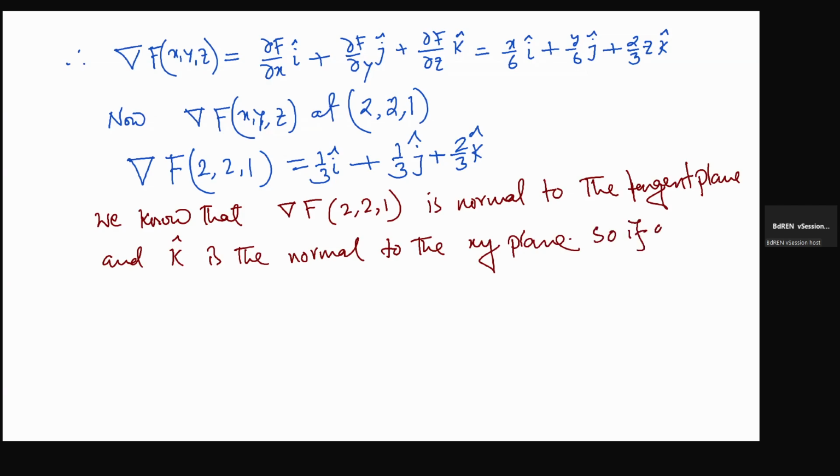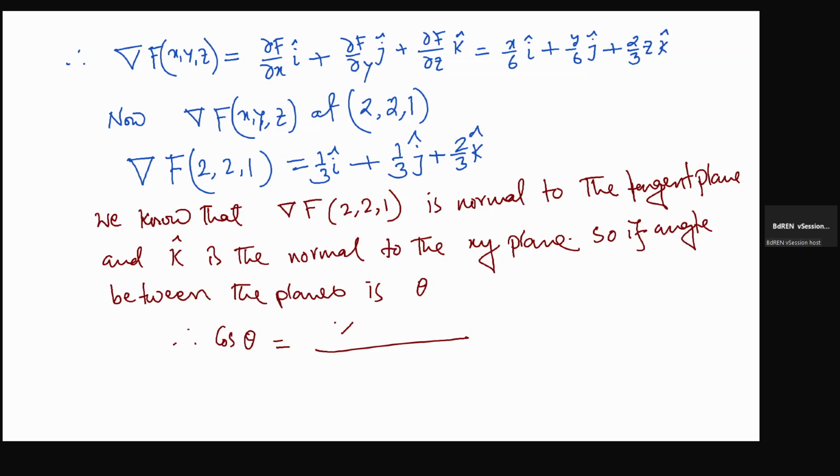So if the angle between the planes is theta, then we can write cos theta equal to the modulus of the gradient of f at 2, 2, 1 dot k, divided by the modulus of the gradient at 2, 2, 1, because the modulus of k is 1.